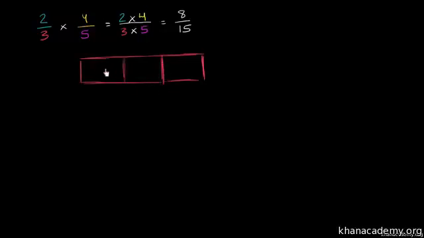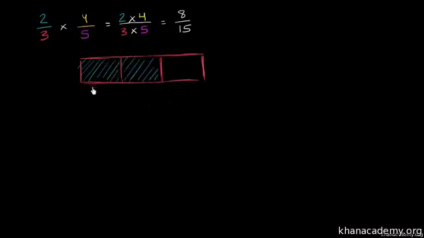So there you go. I have thirds. Let me do it one more time. So here I have drawn thirds. 2/3 represents 2 of them. And one way to think about this is 2/3 times 4/5 is 4/5 of this 2/3.